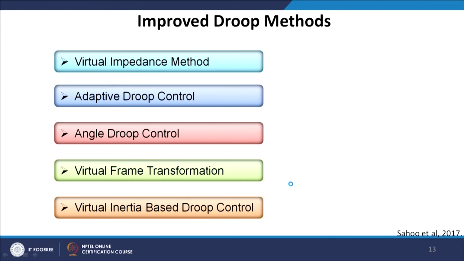So, the droop control approaches are further improved with different approaches. The first ones are virtual impedance method, adaptive droop control, angle droop control, virtual frame transformation, and virtual inertia based droop control.